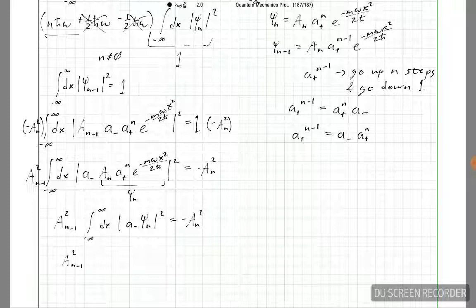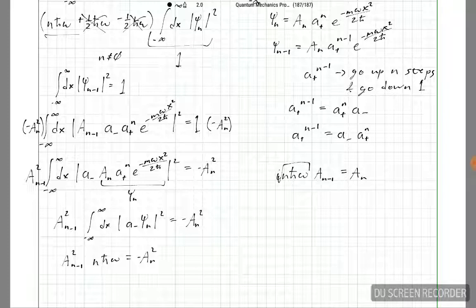At least I know what the integral equals. That equals n h bar omega. Now I take the square root of both sides, and what I get is the square root of n h bar omega times a to the n minus 1 equals a n.